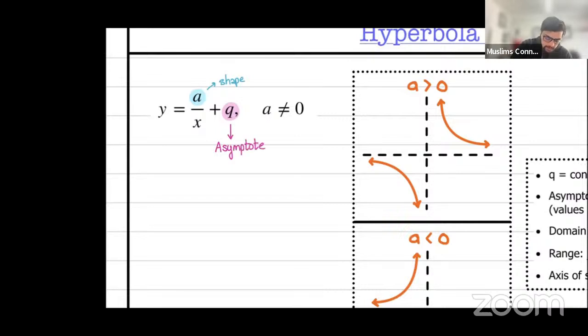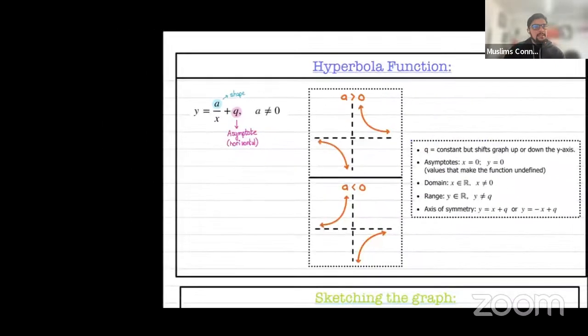More specifically, q is a horizontal asymptote. So essentially what is an asymptote? We'll do some examples of functions, but an asymptote is a straight line that our function or our graph never touches.